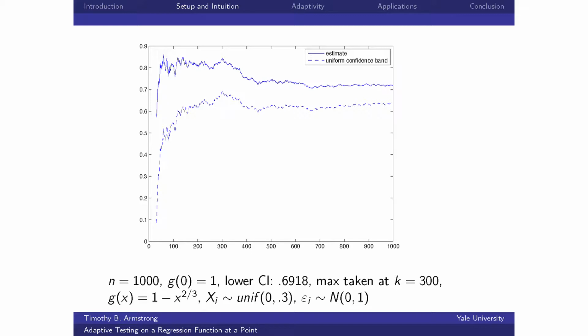The solid line is the point estimate. So you can interpret this as a uniform confidence band for these biased things, but then we know the direction of the bias under the null. We just take the most favorable one, which is here around k equal 300. So it has a simple graphical interpretation. And you can also think of these plots as a way of summarizing.